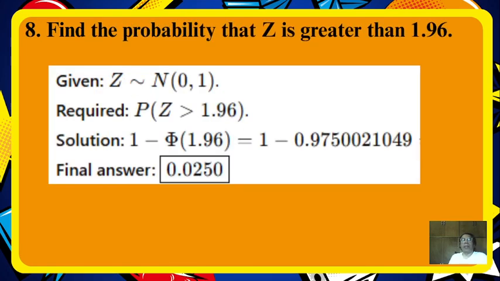Practice problem number 8. Find the probability that Z is greater than 1.96. So we are required here the probability that Z is greater than 1.96. So the solution will be 1 minus the tau of 1.96.